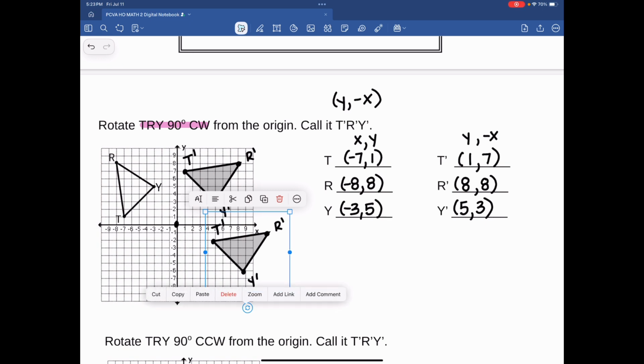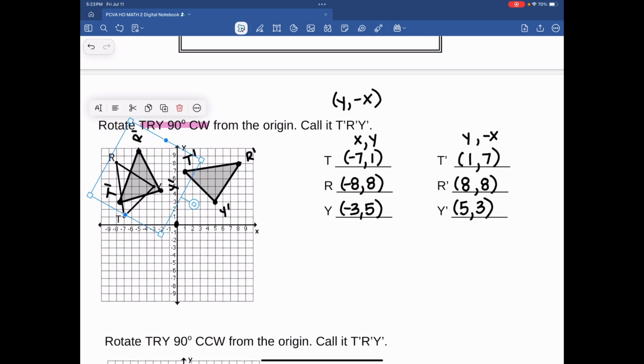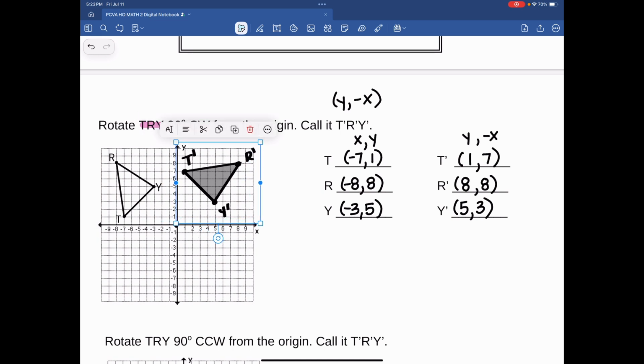So I'm going to rotate it back the opposite direction, counterclockwise by 90 degrees. And if you notice, that lands right on top of it. The only difference is that it's rotating. As I'm rotating, I'm going around the origin. It's kind of hard for me to completely show it, but then it lands here. Okay?